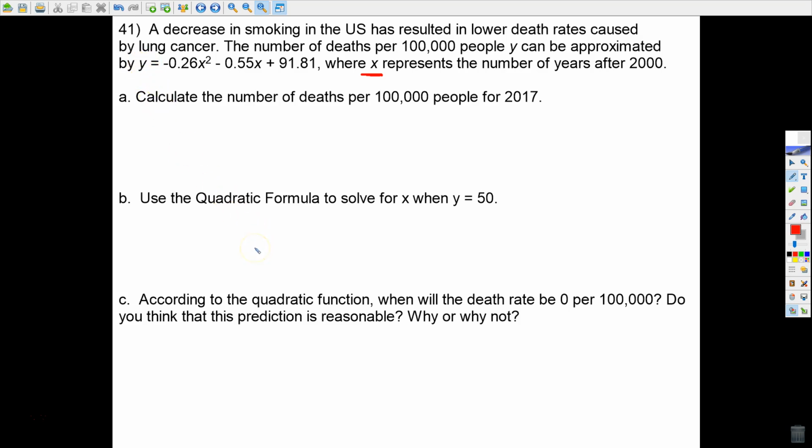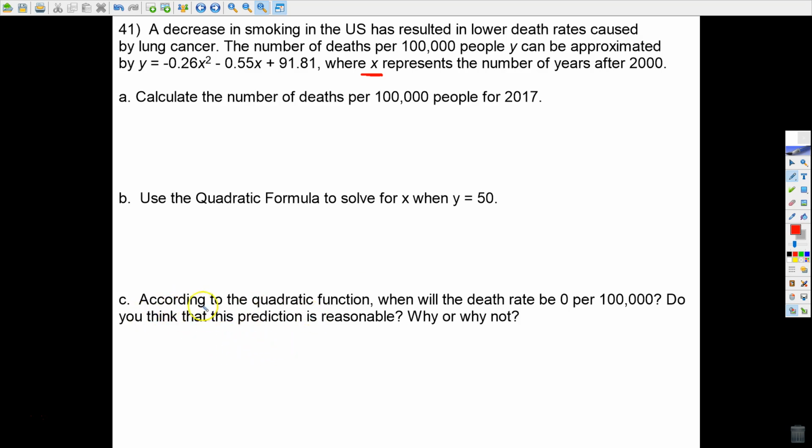Obviously, you're going to need to set it equal to 0. Remember, we use the quadratic formula to solve for x when we let the standard form equation equal 0. So let y be 50, change it into an equation equal to 0, and then solve. Okay, is that pretty straightforward?